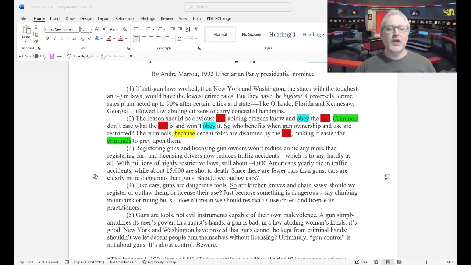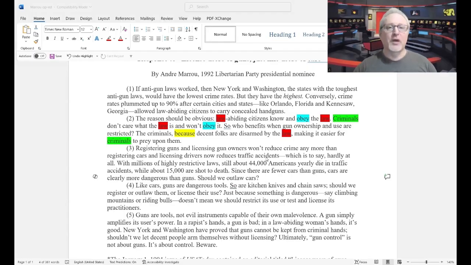He then goes on to say that registering cars and licensing drivers doesn't reduce traffic accidents and draws an implied conclusion that registering guns and licensing gun owners won't reduce crime.